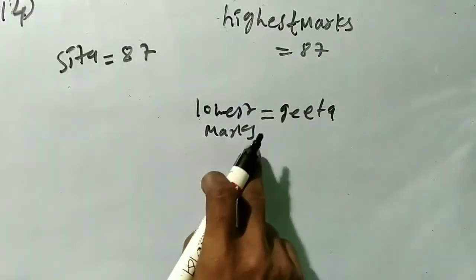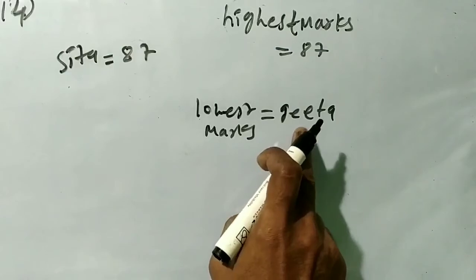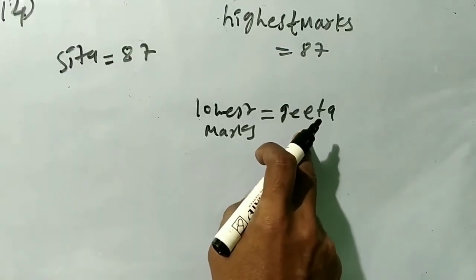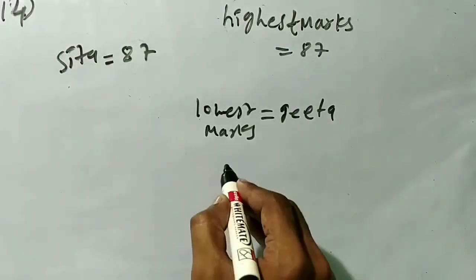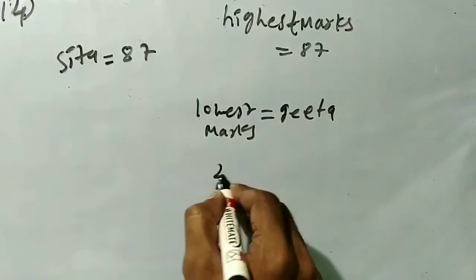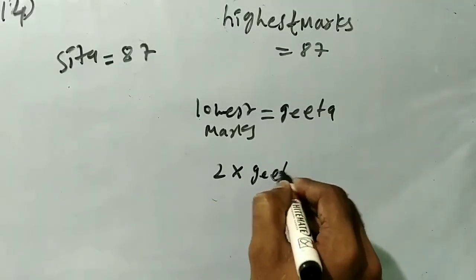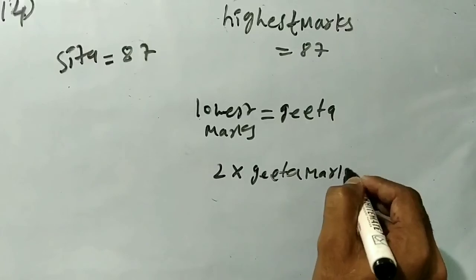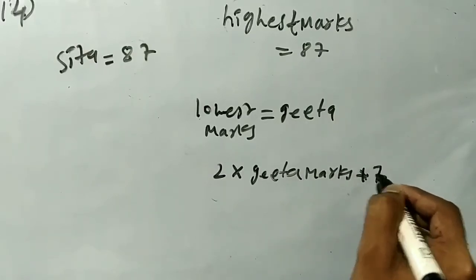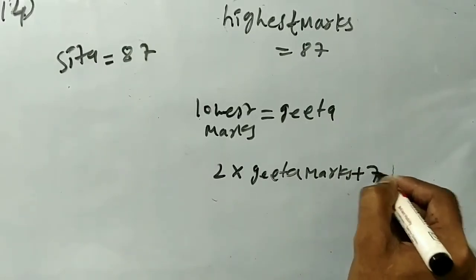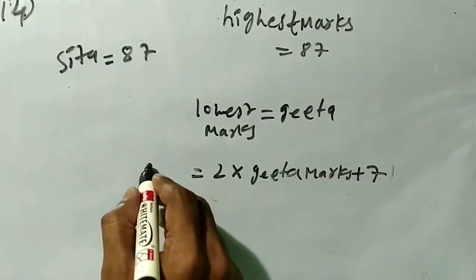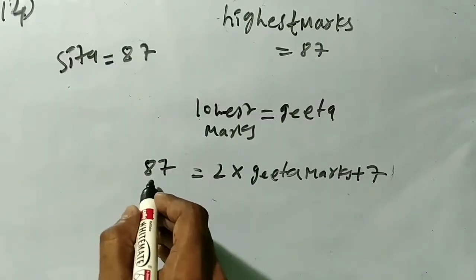So twice Geeta's marks, that is 2 into Geeta's marks, plus 7 gives 87. So 87 is nothing but Sita's marks.